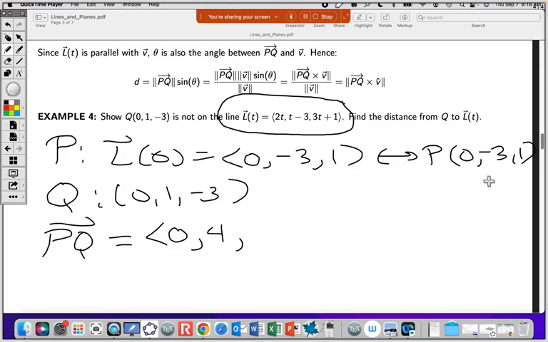Negative 3 minus 1 is negative 4. So we good with getting the vector P to Q? We okay with the vector from P to Q?